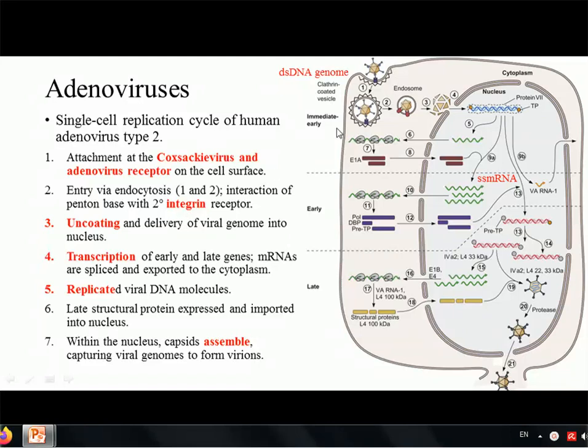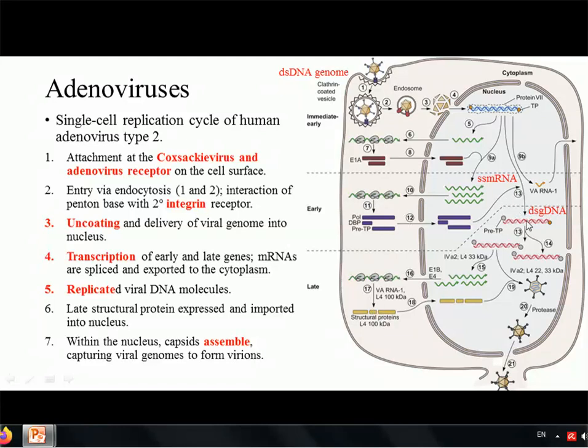Later, the virus starts to uncoat and release its double-stranded DNA into the host nucleus. From there, the virus does transcription to produce its mRNA. The mRNA is released to the cytoplasm to synthesize the viral proteins.